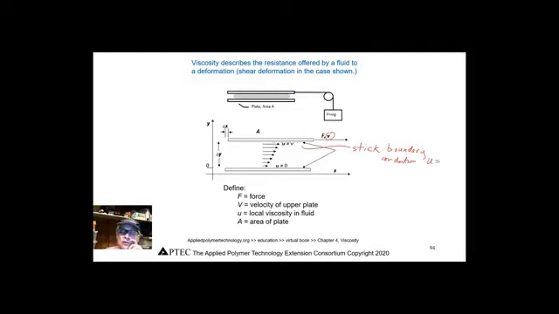The molecule velocity is the same as the plate velocity. Okay, so here u would be 0. V is 0. Here, this is the stationary plate.